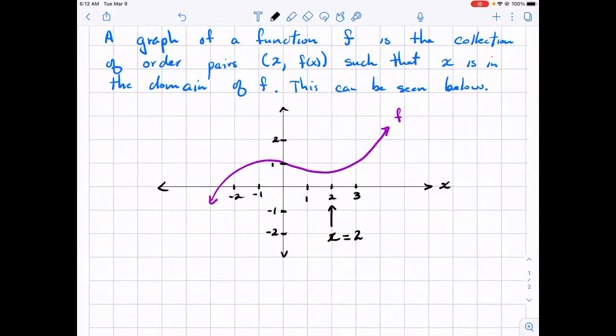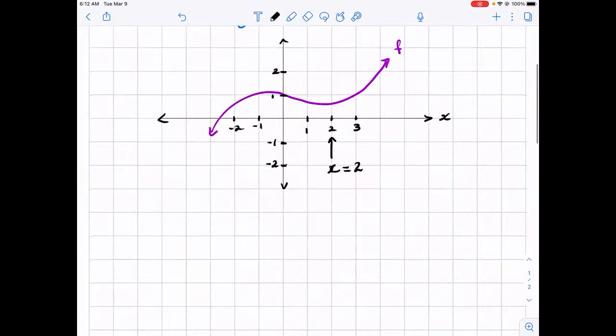Now, if we plug that into the function, then when x is 2, f of x is equal to f at 2. So you'll take the 2, you'll plug it into the function, and this will be the function f of 2, which is the y value.